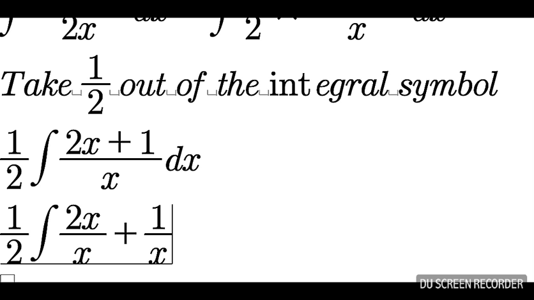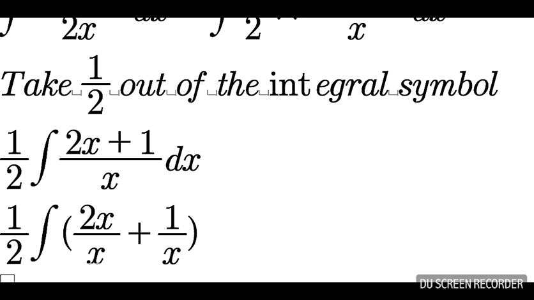We know that this dx is common to the two of them.